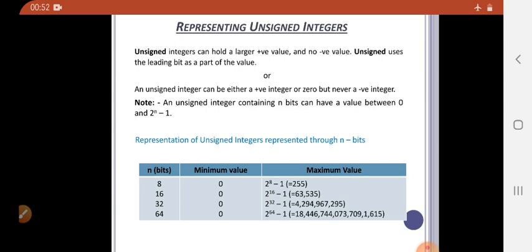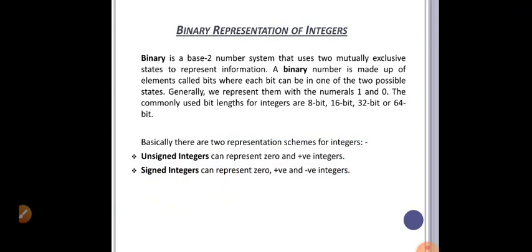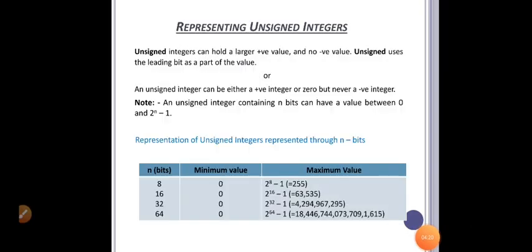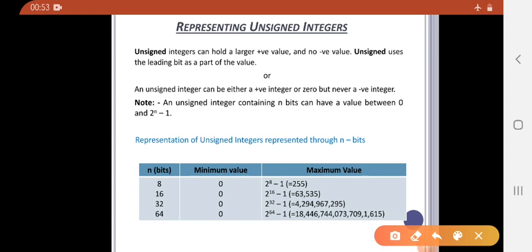Note, an unsigned integer containing n bits can have a value between 0 and 2 to the power n minus 1. Suppose your number of bits n is 8.